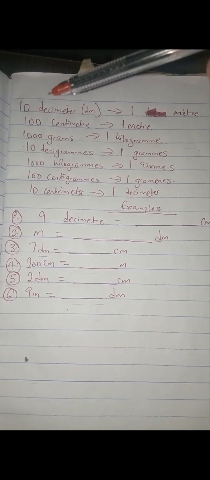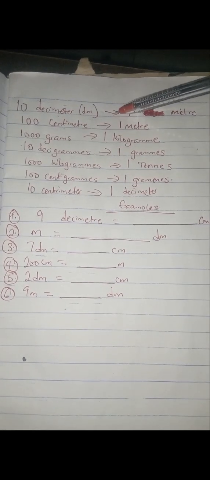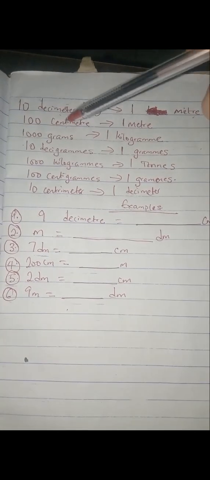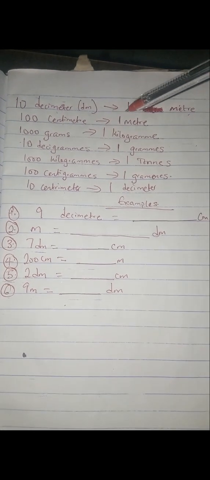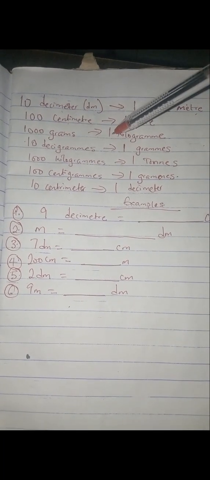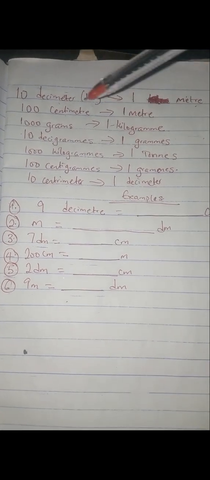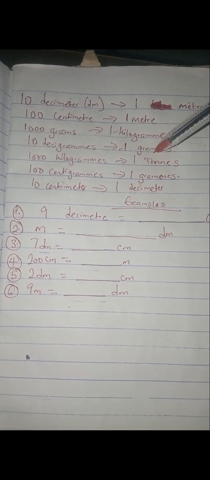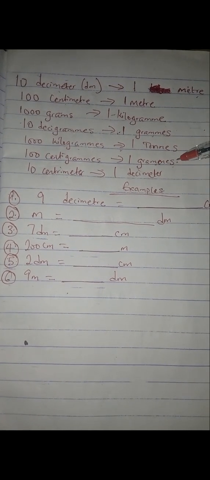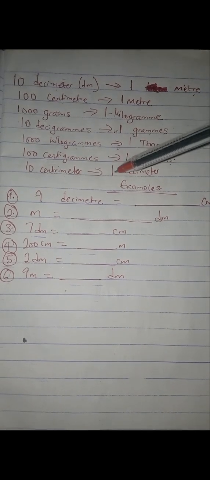So here we have 10 decimeter is the same thing as 1 meter, right? 100 centimeter is equal to 1 meter. 1000 gram is equal to 1 kilogram. 10 decigram is equal to 1 gram. 1000 kilograms is equal to 1 ton. 100 centigram is equal to 1 gram.